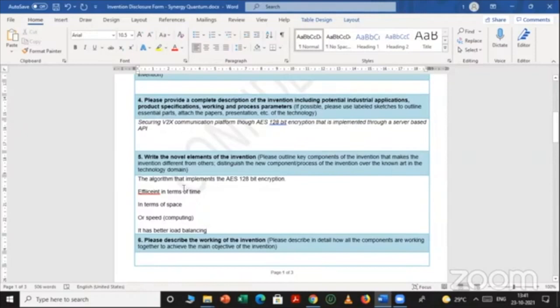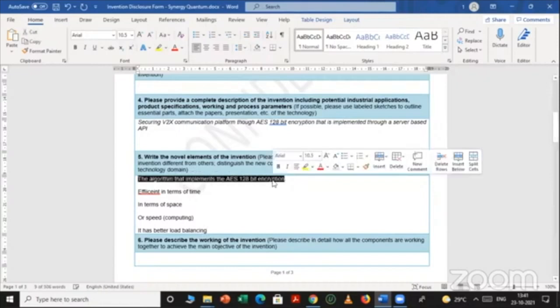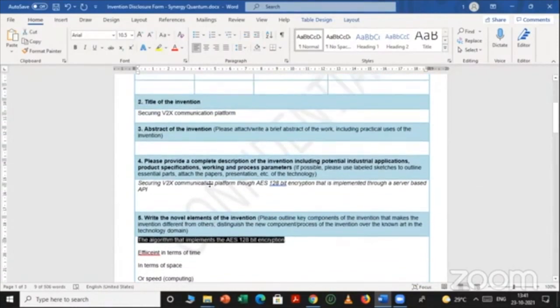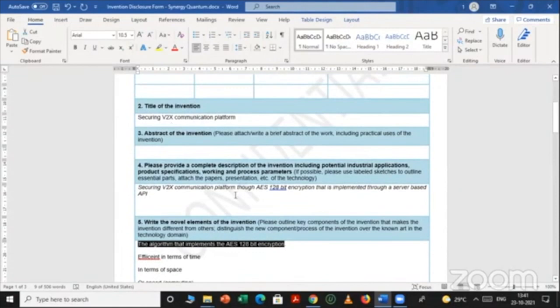Because when you give this invention disclosure form, and your attorney or a firm like us writes the patent and submits it to a patent office, the examiner is going to ask a similar question. He will say, okay, it is fine, you have implemented an algorithm, AES 128-bit encryption, and it is providing encryption on a V2X communication platform.